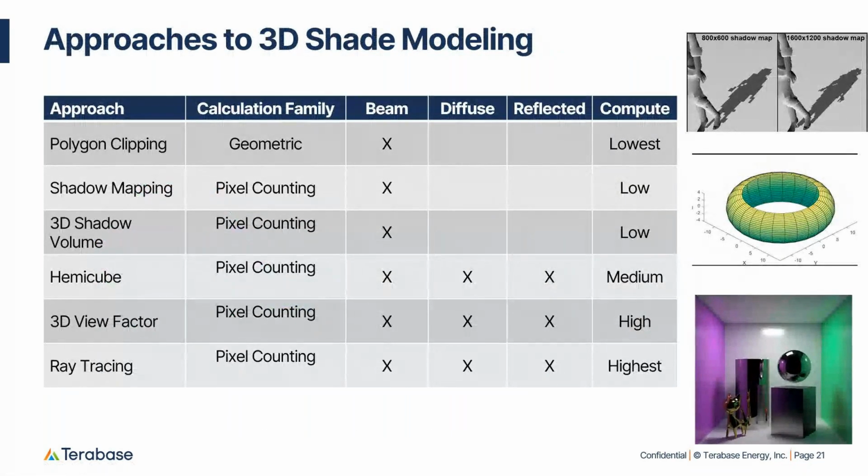These are some common approaches to 3D shade modeling used in the industry today. Polygon clipping is what's used by PVsyst and PlantPredict, at least for the beta version. We're also looking at some of these pixel counting algorithms and doing fundamental research to see if we can get the shading calculation to be much faster with some acceptable level of accuracy.